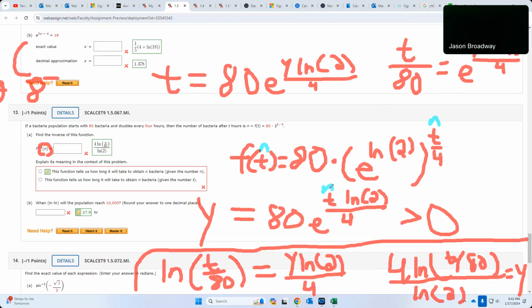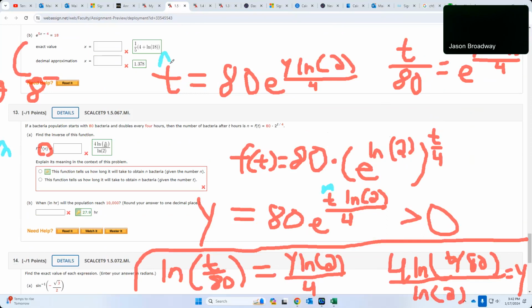Wait, no, not right here. Sorry. That would be a mistake. The original, that's not going to happen. Don't mess with the original. In the inverse, you won't use it.